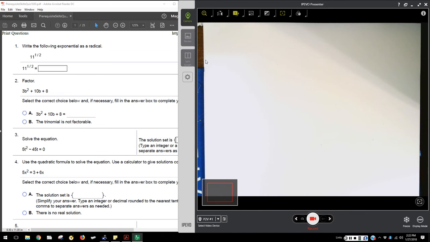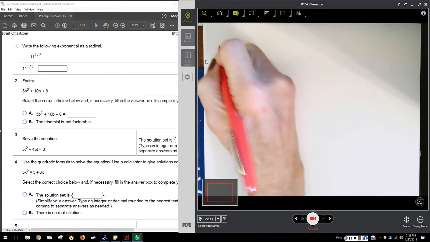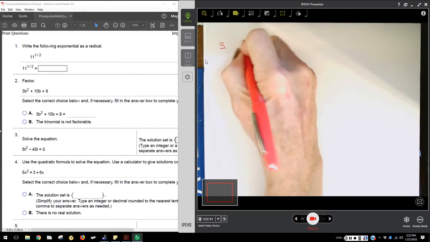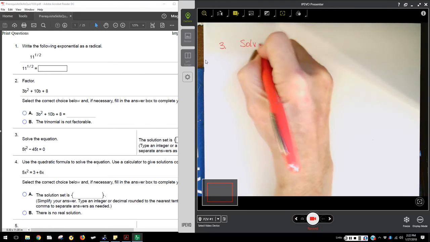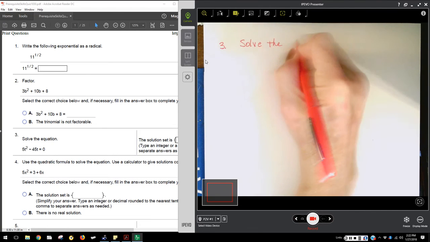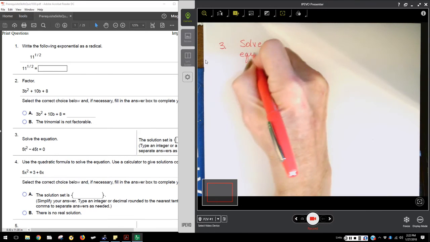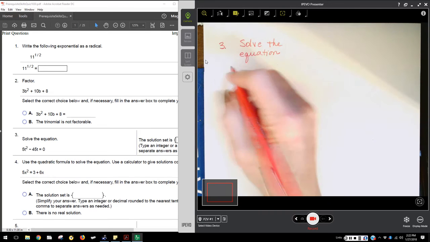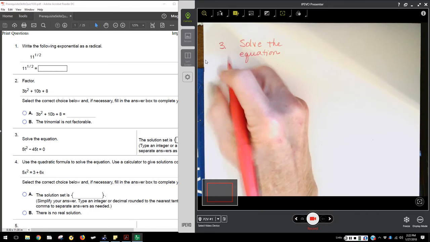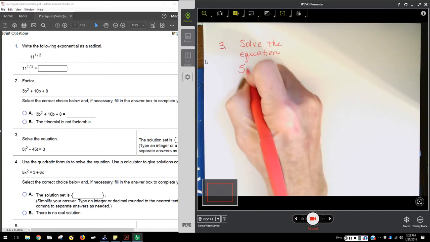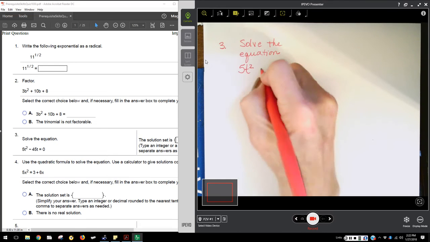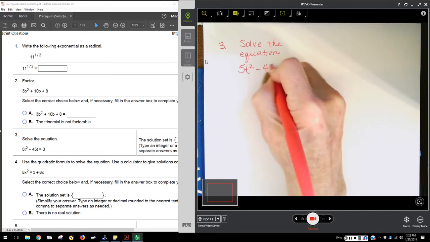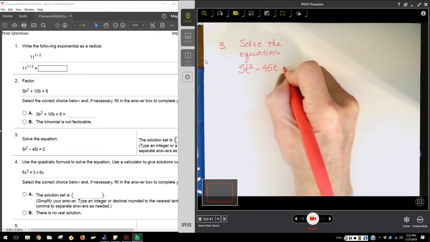Problem number 3 says to solve the equation. And the equation we're given is 5t squared minus 45t is equal to 0.